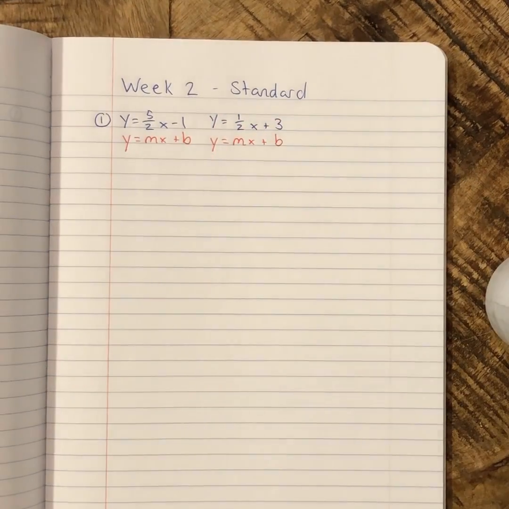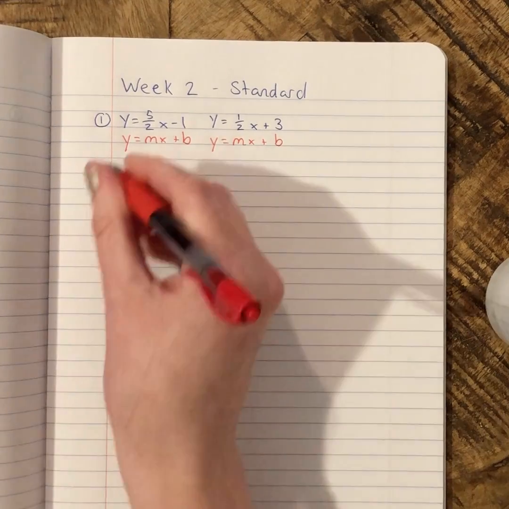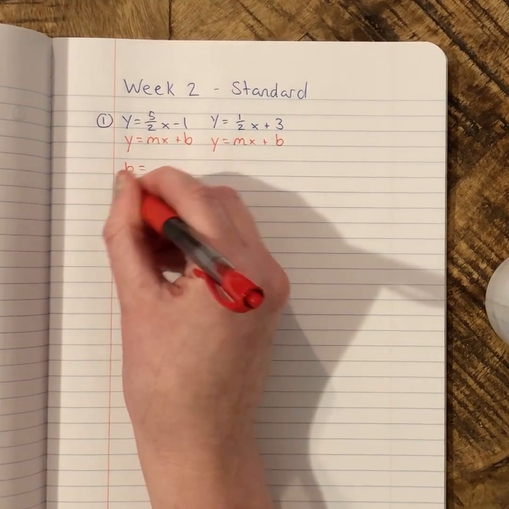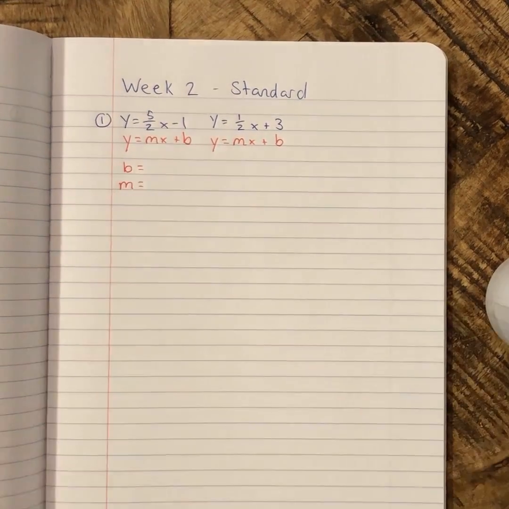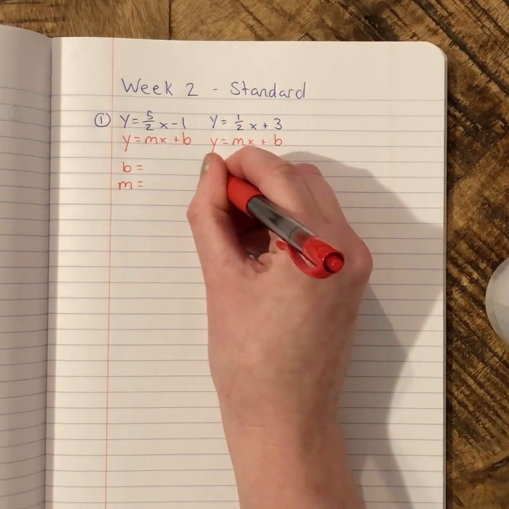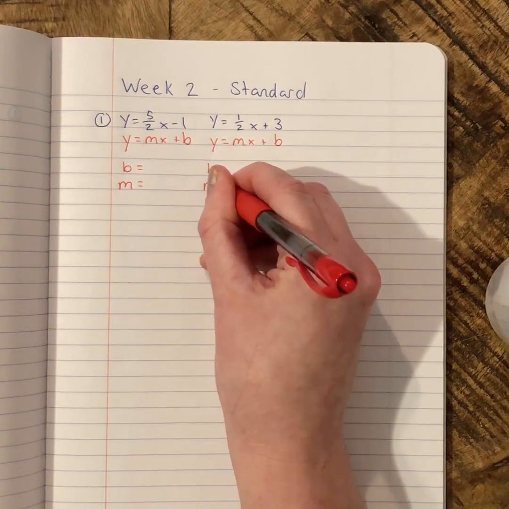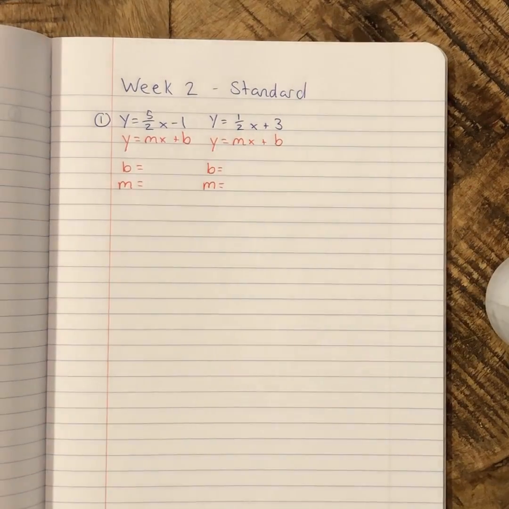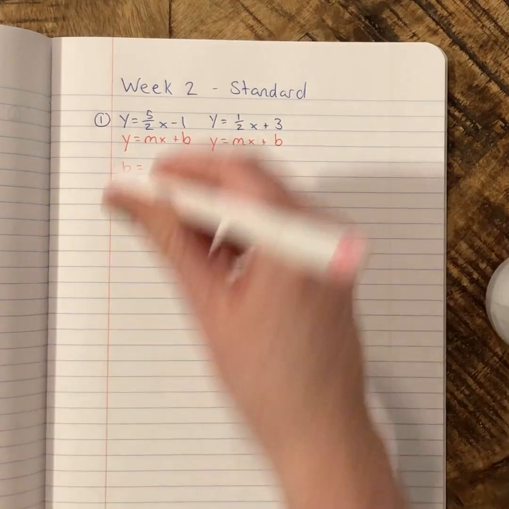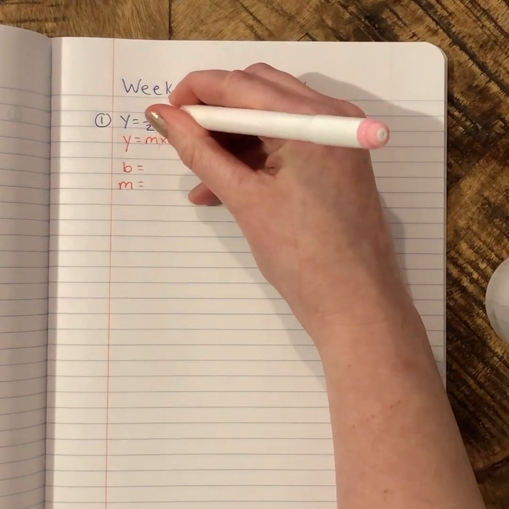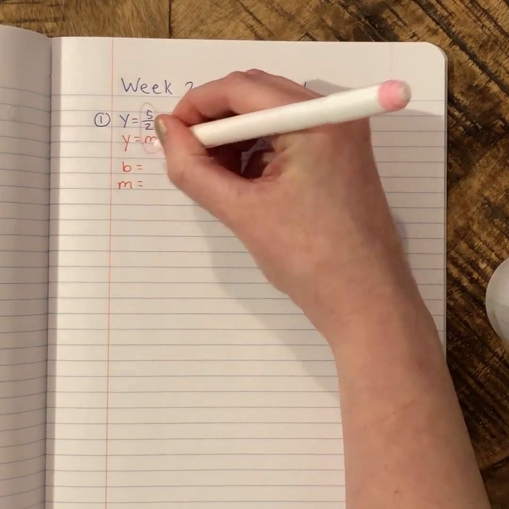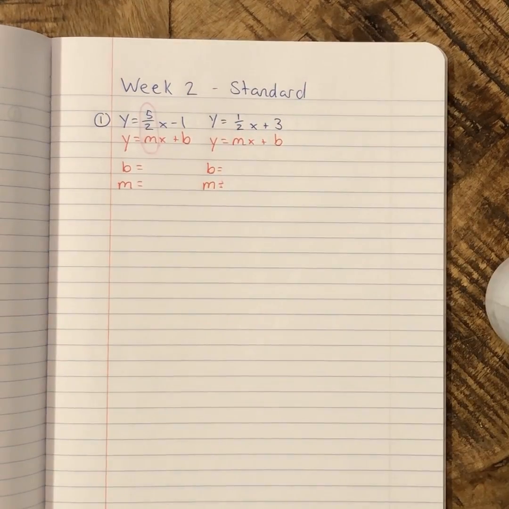The first thing we want to do for both equations is identify what is the value for b and what is the value for m. To do that, we just look at our equation. Our m is lined up with this 5 halves in equation 1.